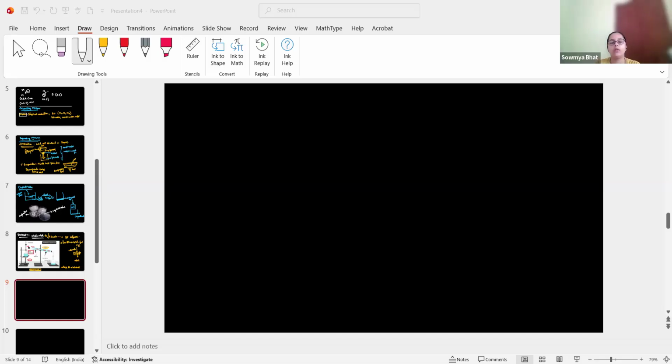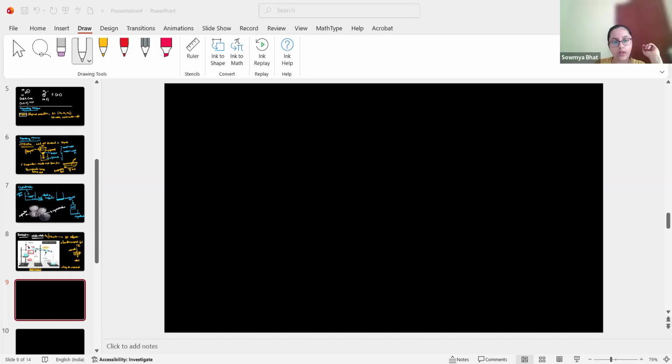Yeah. Fractional distillation. Oh, do you know this? What it is? No, I don't. Okay. Fractional distillation. I'm pasting another image. Just give me a minute.